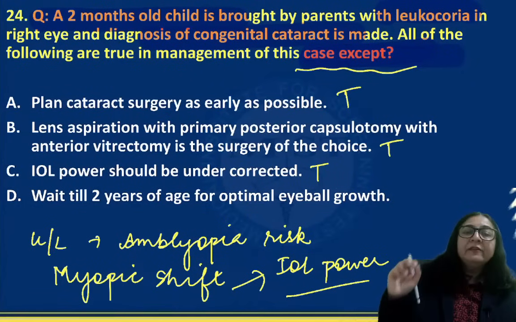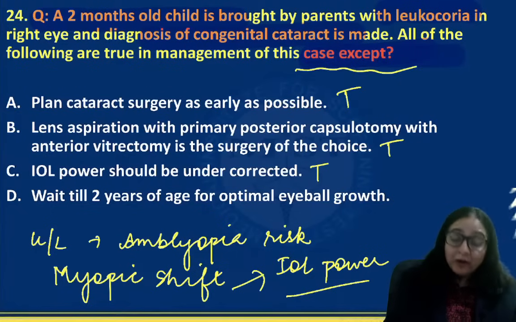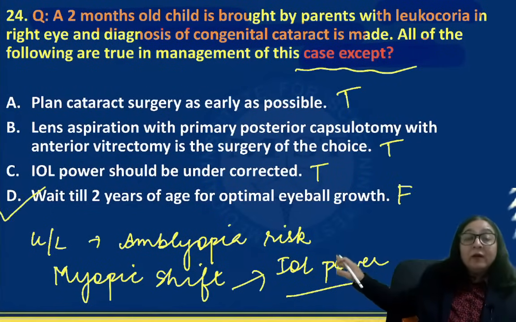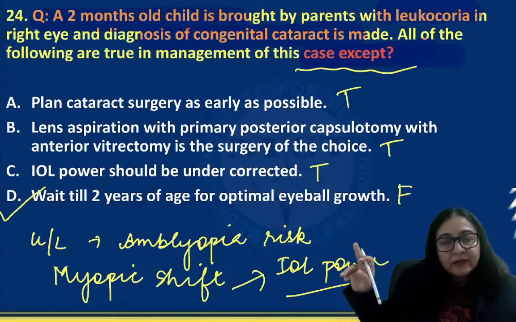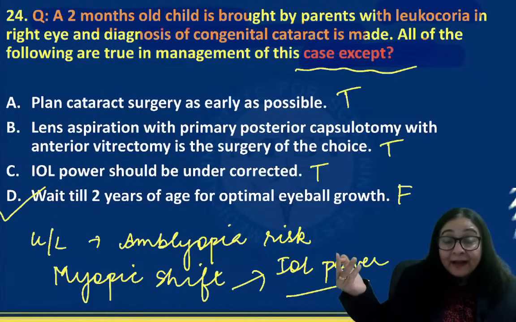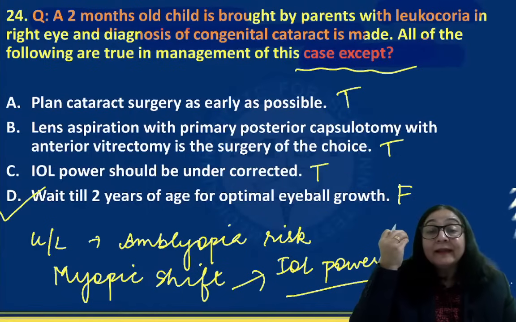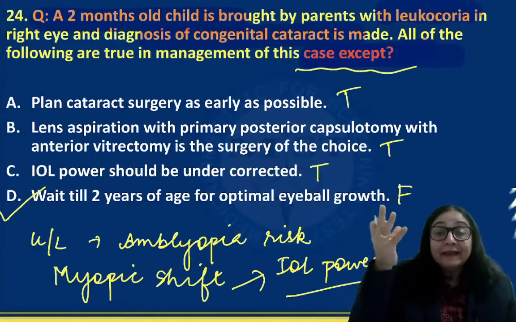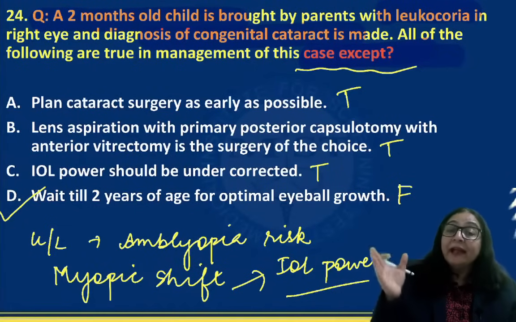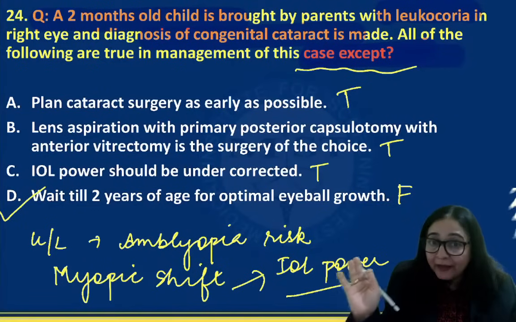Wait till 2 years of age for optimal eyeball growth. Now this is absolutely wrong because as I already told you, unilateral congenital cataracts are at very high amblyopia risk. If the light is not reaching the retina to stimulate it because of the cataract, there will be suppression of the vision and this child will develop sensory deprivation amblyopia.